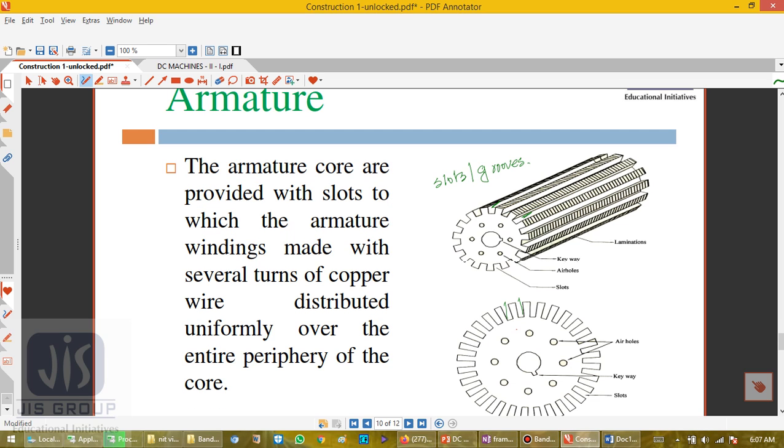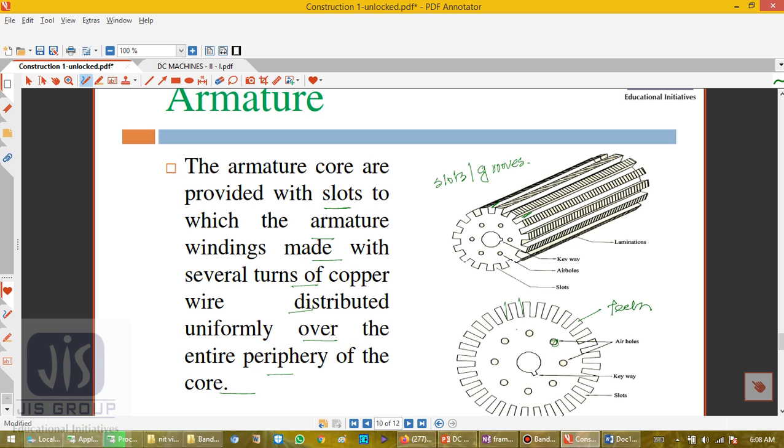If you see, this is the structure of the armature, which consists of slots in which the armature winding is made of several turns of copper wire distributed uniformly over the entire periphery of the core. These are the air holes for cooling purposes, this is the keyway where the spider is, and these are the teeth.